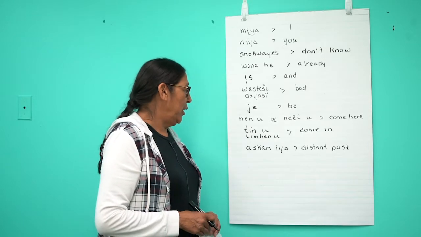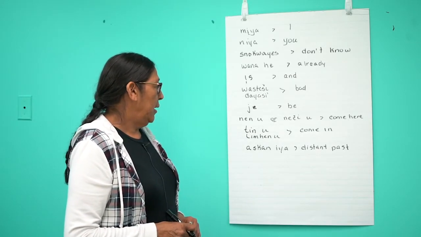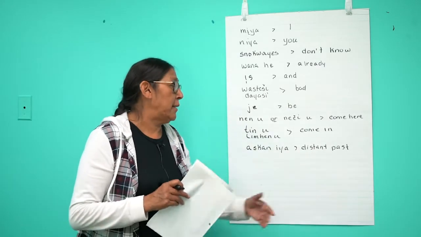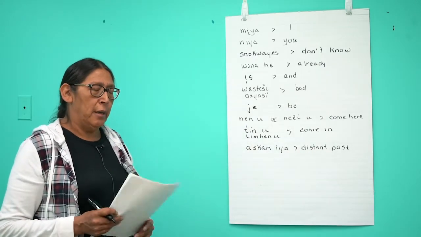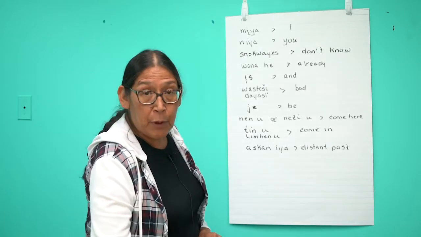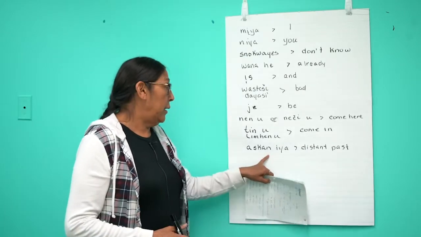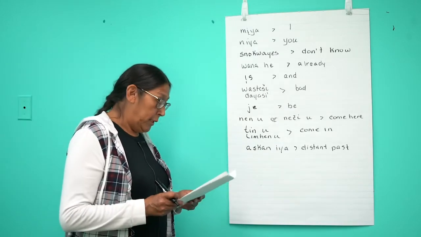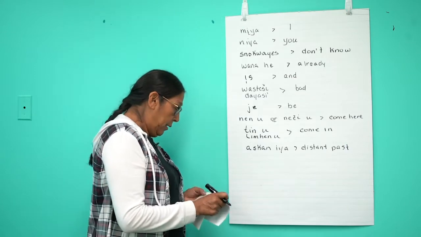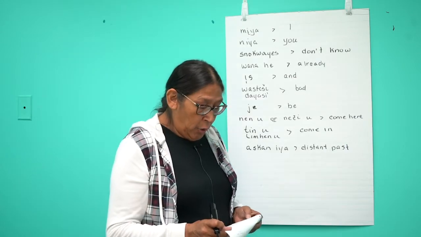My son went to Regina last week, but never mind. But it's the distant past. I think that's probably referred to as when, if you listen to some of the stories, especially in that book that we use, you'll see this a lot in the older stories when they're telling the oral stories, the oral history. Probably, I would say.